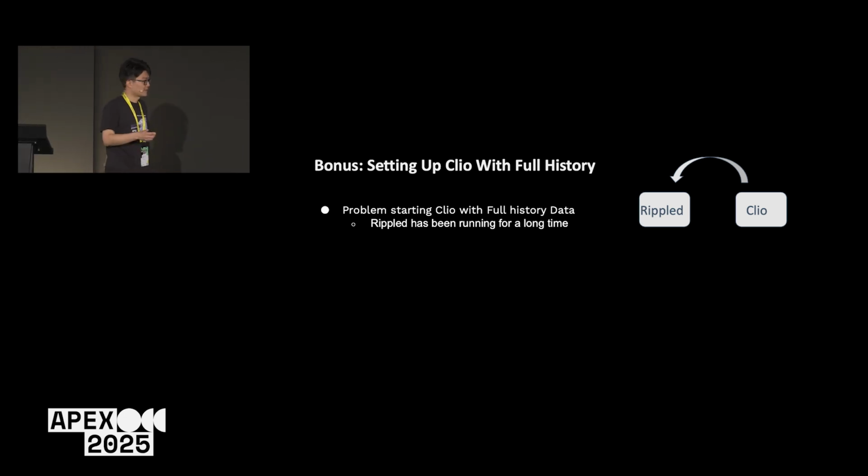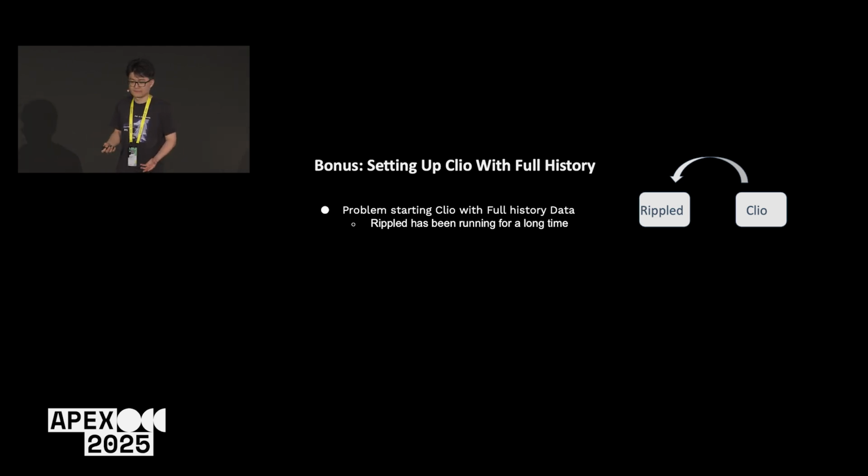This is good and all if you just start running RippleD and then you start running Clio. However, RippleD has been running for a really, really long time, right? Everyone knows that Ripple has been here for quite a while, as well as the XRP ledger. So because it has been running for a long time, what if you want all the data to also be in Clio?